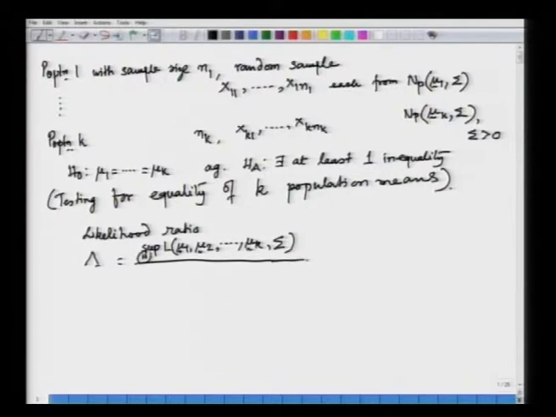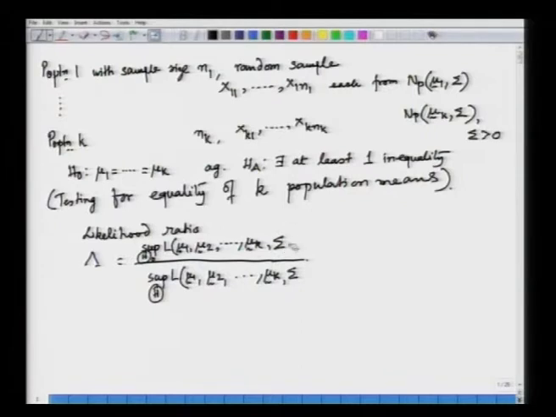This supremum is being considered over the parameter space under the null hypothesis, that is the restricted parameter space. Hence, we have capital theta with a subscript 0 here. Just like for the hypothesis we have H with a subscript 0, this is the same thing. The denominator is the supremum of the likelihood function of mu1, mu2 to mu k and sigma, and this supremum is over the unrestricted parameter space.